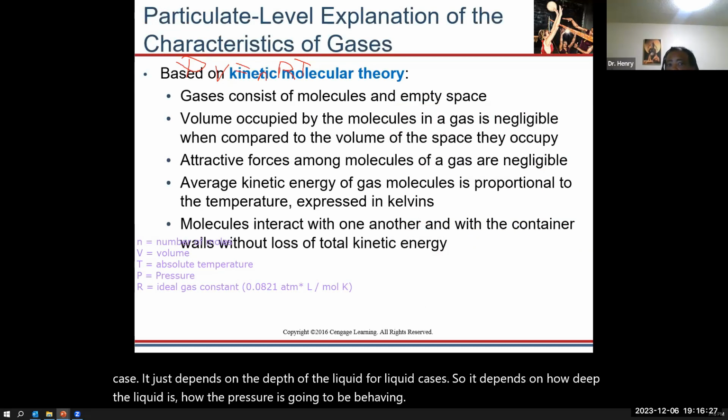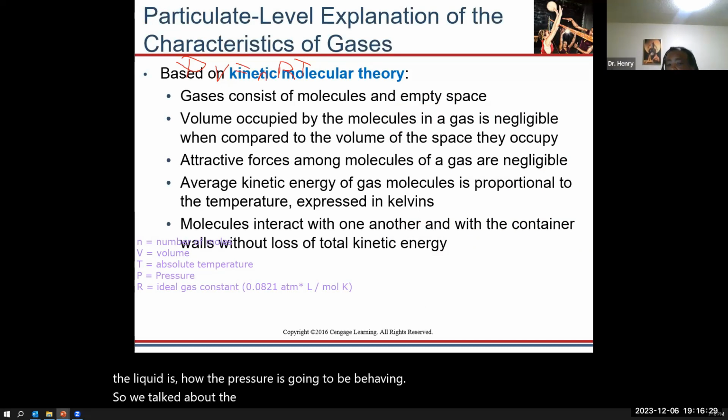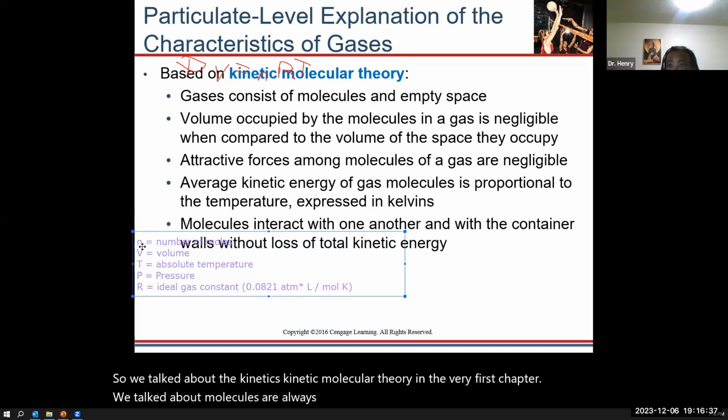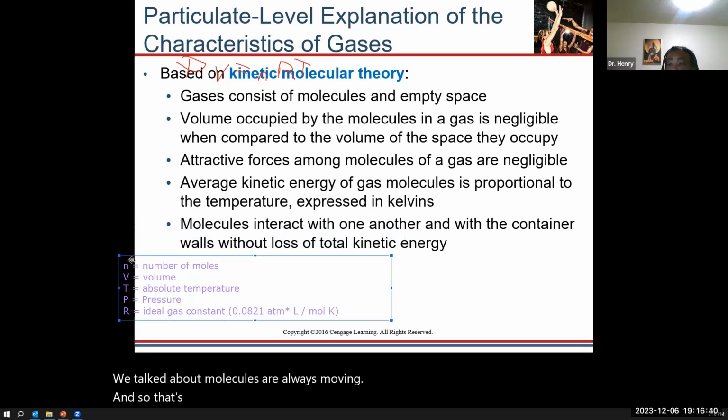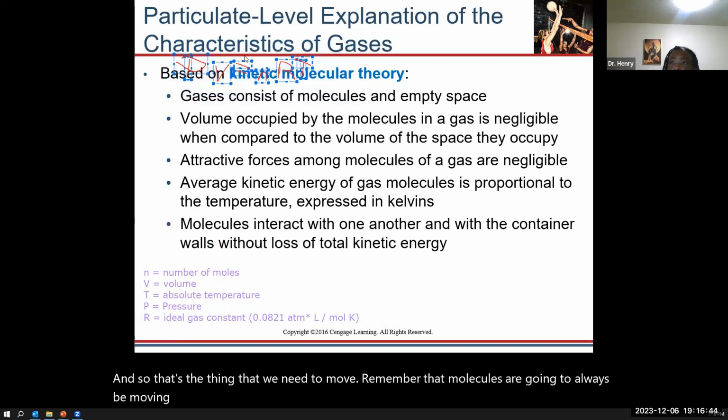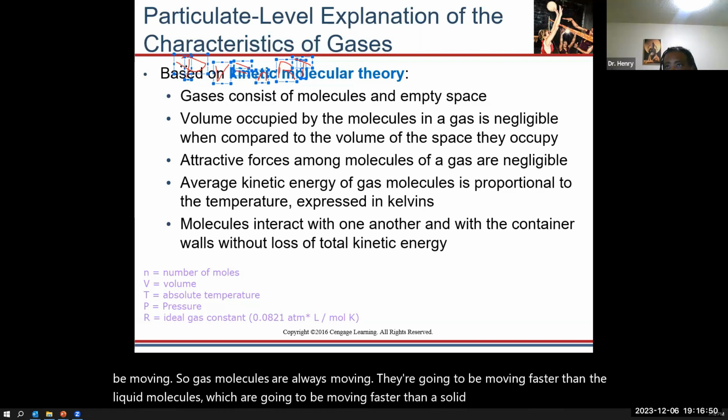So we talked about the kinetic molecular theory in the very first chapter. We talked about molecules are always moving. And so that's the thing that we need to remember that molecules are going to always be moving. So gas molecules are always moving. They're going to be moving faster than the liquid molecules, which are going to be moving faster than the solid molecules.